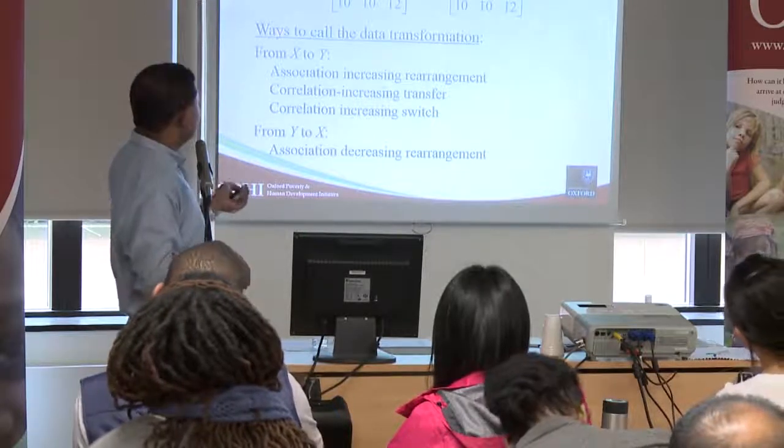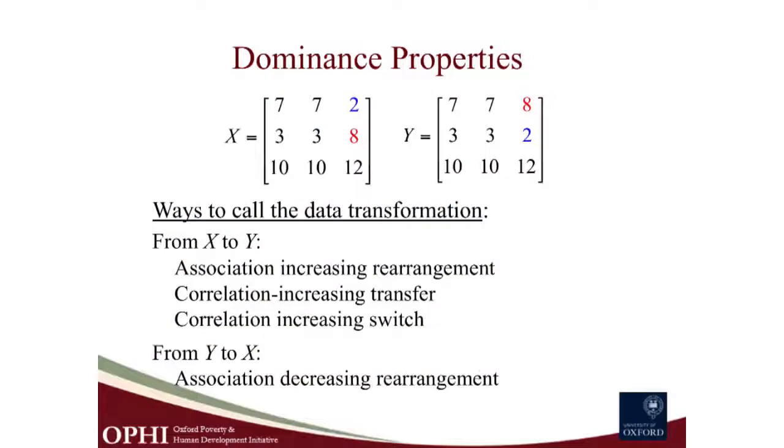So there are different ways to call this data transformation in the literature. If you move from X to Y, it's about correlation between dimensions. If you look at here, all the dimensions are now perfectly ordered, you see? Here it was not.